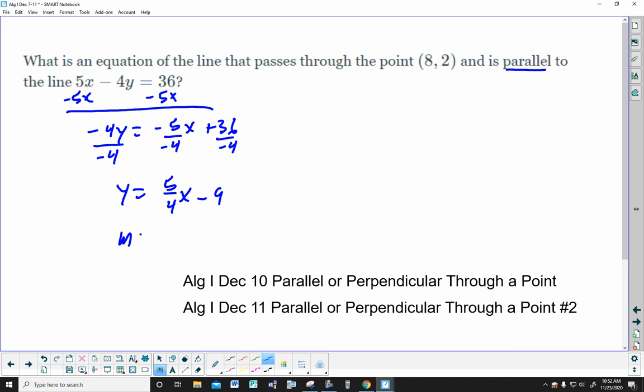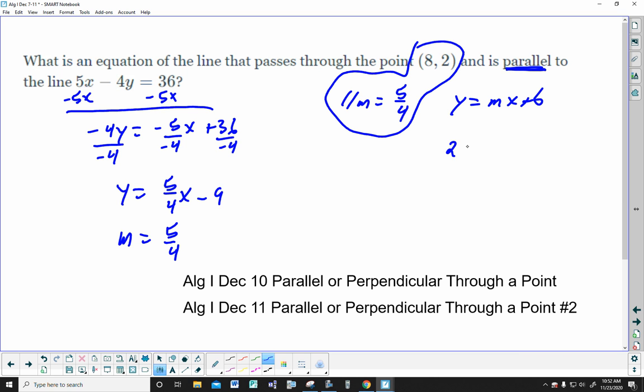So the slope of what you're told is 5/4. You want the equation line that's parallel, so the parallel slope is going to be the same. Once you identify that, don't use anything from this anymore. You are looking for this with this information.